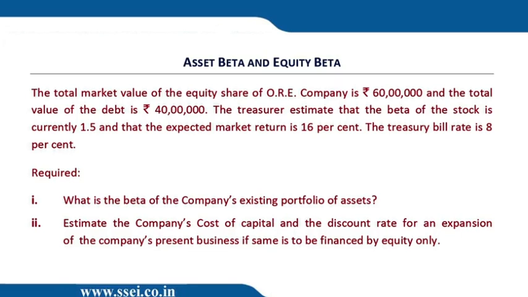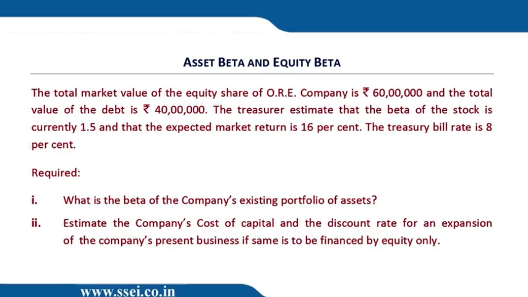Estimate the company's cost of capital and discount rate for an expansion of the company's present business if the same is to be financed by equity only. So you are going to do a new project to be financed by equity only. If only equity, that means there is no financial risk. We only have business risk, and business risk is captured by asset beta, not by equity beta.